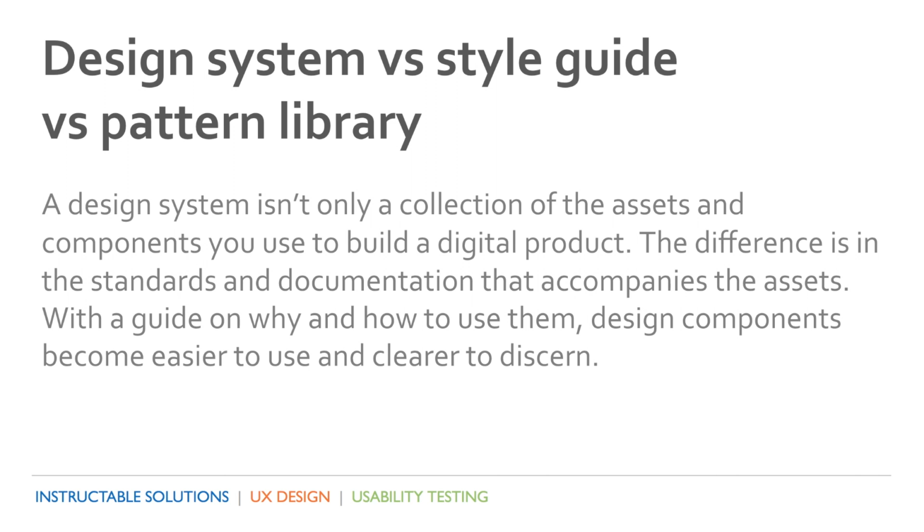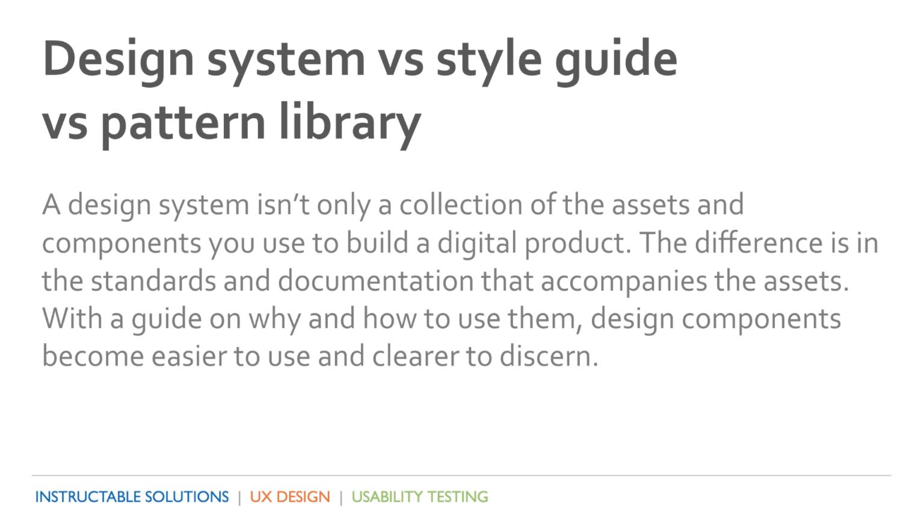Some of you may be familiar with a style guide or a pattern library, but let me clarify that a design system isn't only a collection of the assets and components you use to build the digital product, which is typically what a style guide is. The difference is in the standards and documentation that accompany the assets.